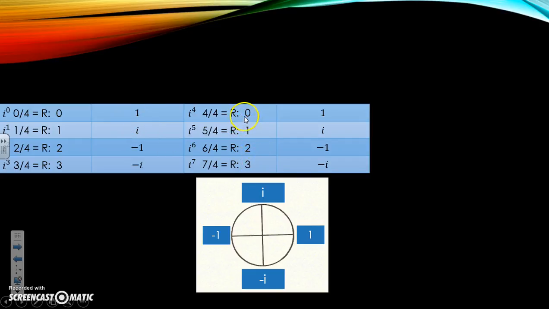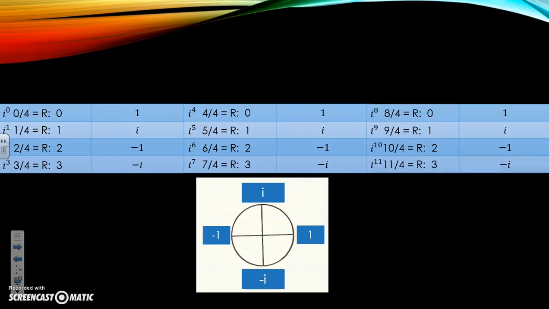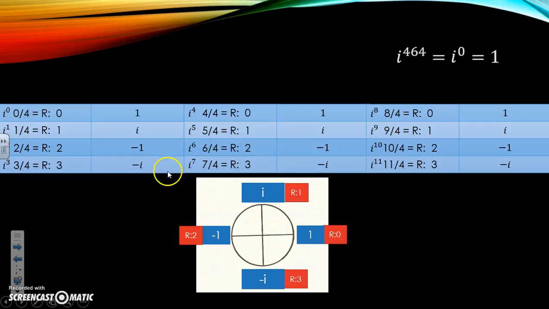And you can see that a remainder of 0 always equals i to the 0th power. A remainder of 1 is equal to i to the first power. A remainder of 2 is equal to i to the second. And a remainder of 3 is equal to i to the third. So you can see in our wheel, if we divide our values by 4, the remainder value will tell us what that i is equivalent to.